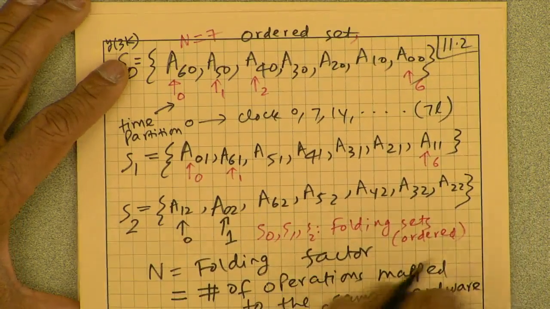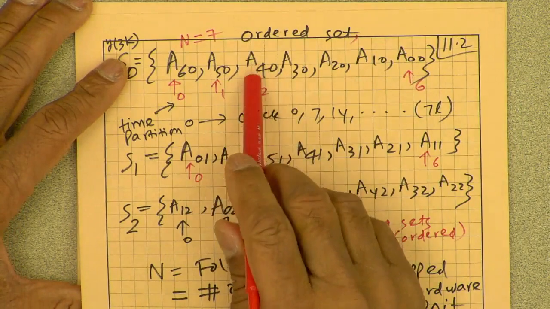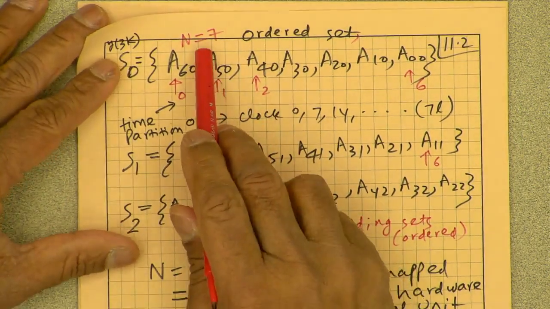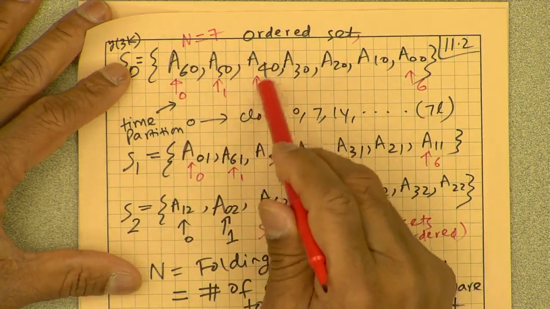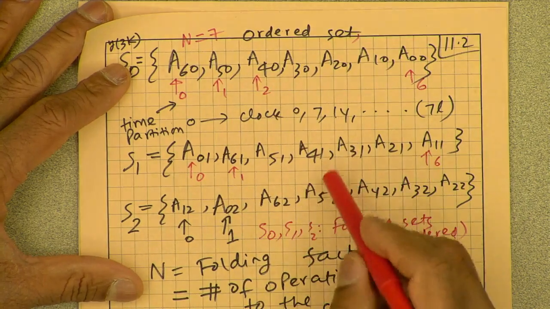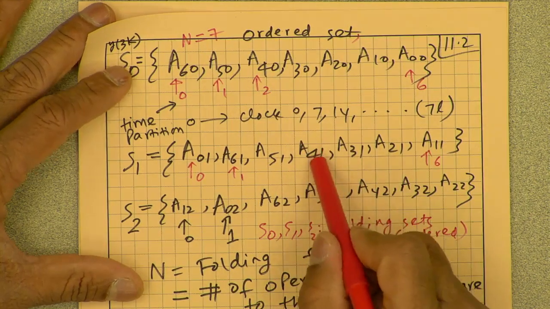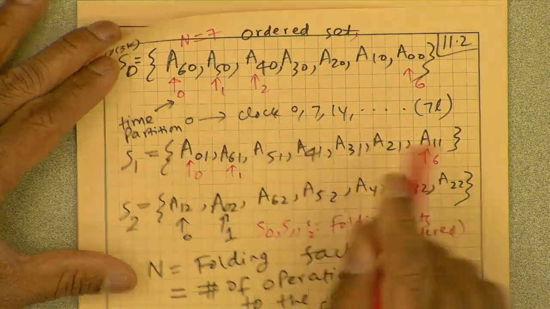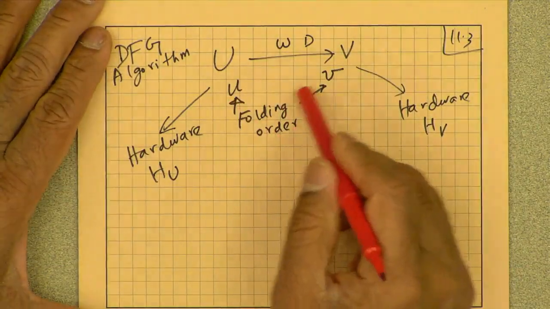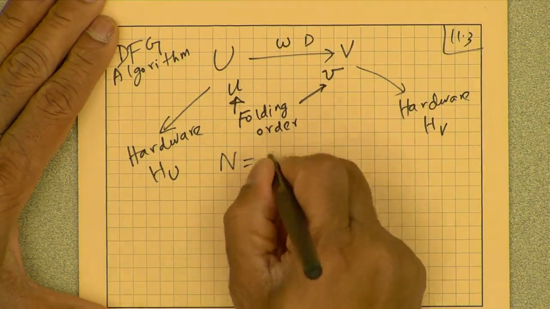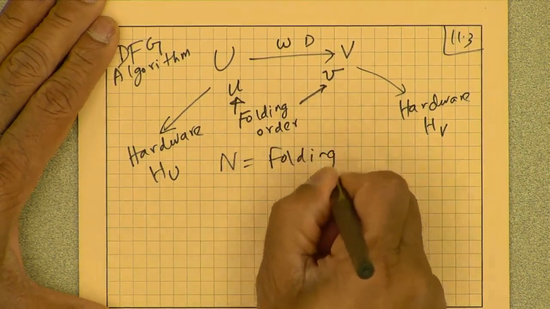For example, the folding order for the node A40 is 2, and that means if I know the periodicity is 7, that it is executed at time 7L plus 2. The folding order for the node A41 is 3. That's what I mean by these numbers u and v. N is the folding factor.